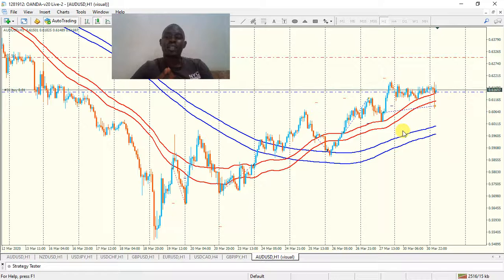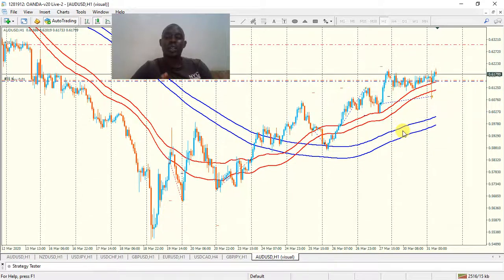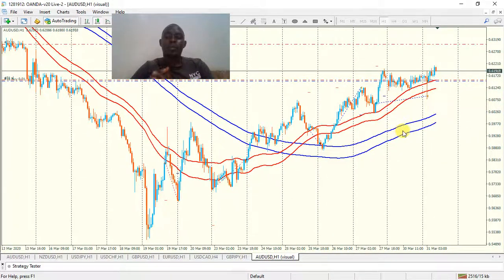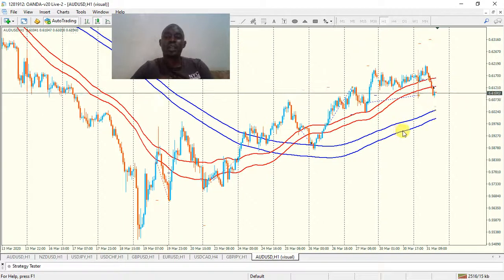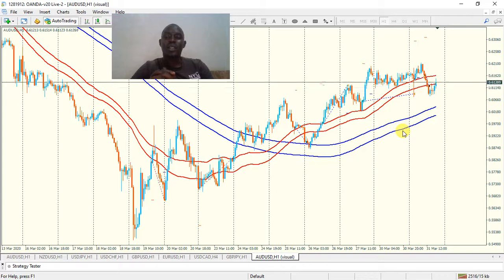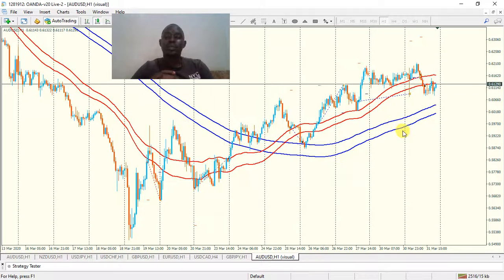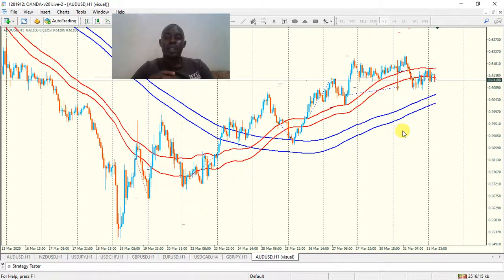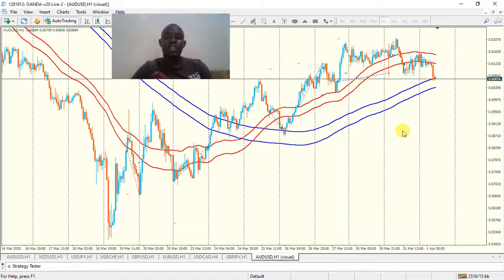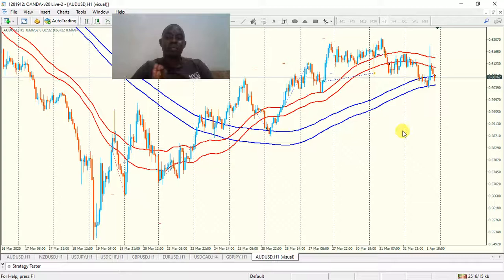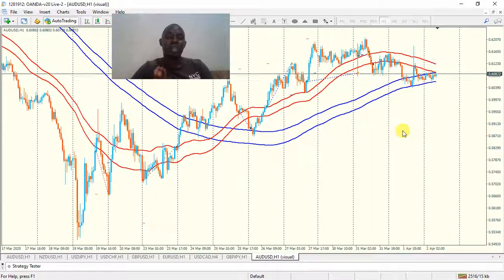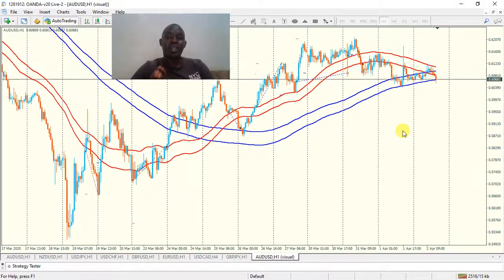Let's just wait and see. That closed at the trail. Let's see how far this one will go. Closed at break even, exited the trade, entered the non-trading zone. Price is moving inside a non-trading zone there. We have the 50th above the 150th, but price is in a non-trading zone.